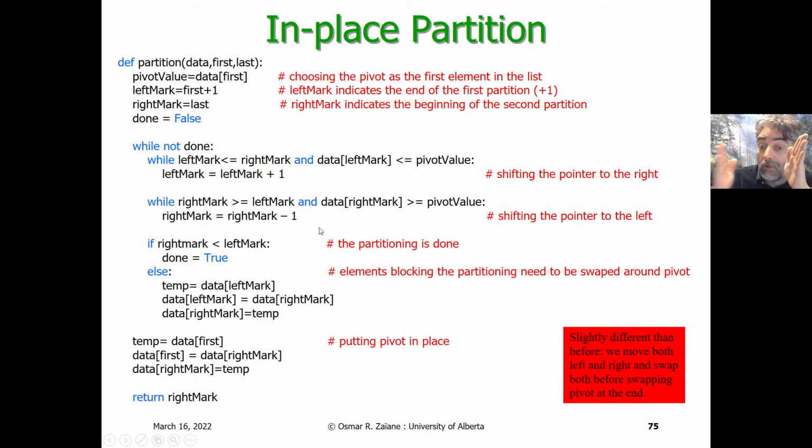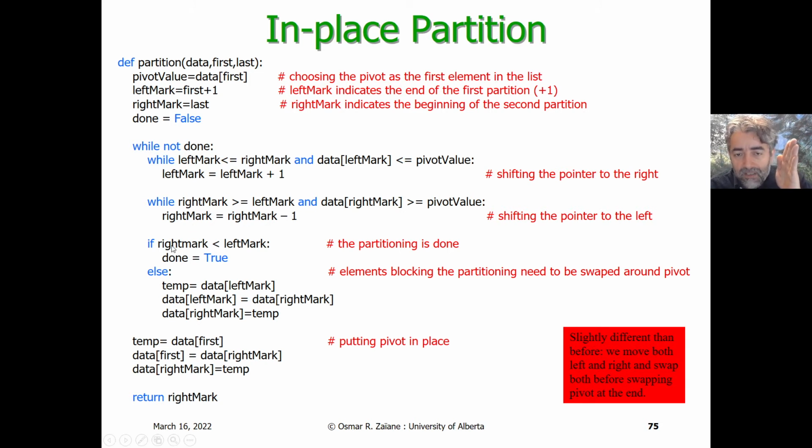Because I'm going towards the left. Okay. When I finish, same thing. Either they crossed, or basically I have the value in the data of right mark that is smaller than the pivot. And it shouldn't be there. I have to move it somewhere else. I have to move it on the left of pivot.